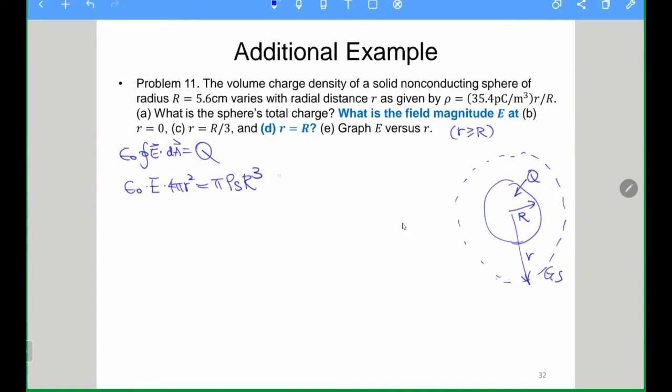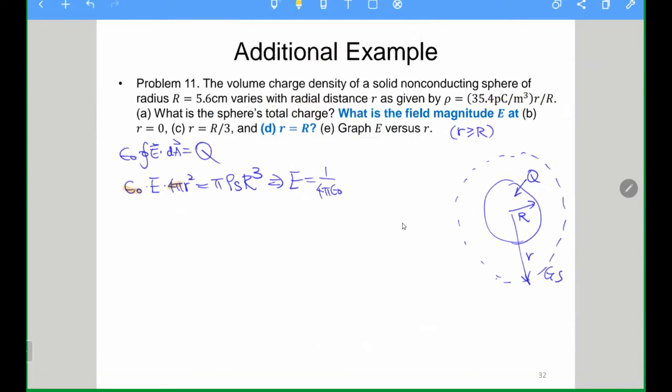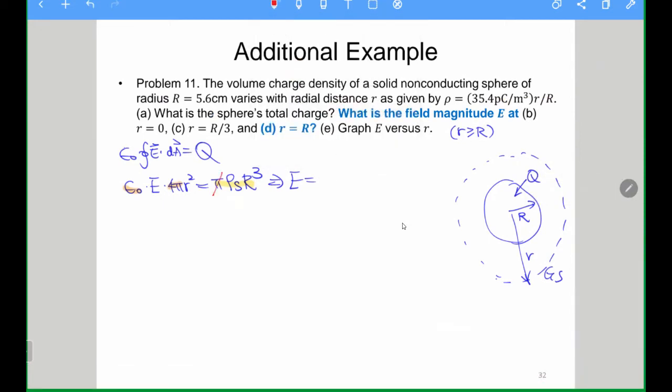So we can come up with the expression for E equals 1 over 4 pi epsilon naught times this. Maybe we can do some cancellation first: we can cancel this pi and this pi.